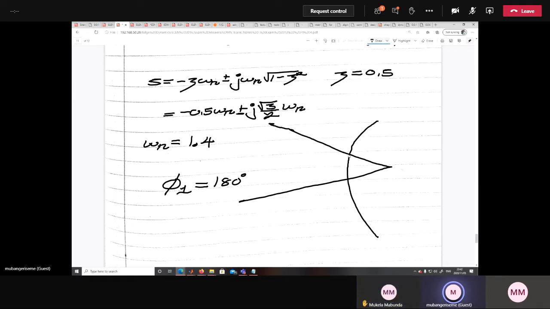No matter what value of omega you keep increasing, that angle will always remain 60 provided you've got the same ratio. In other words, are you sitting on this line? If you're sitting on this line, the angle is always going to be 60. That's why for whatever omega n value you put in, provided you have minus 0.5 and root 3 over 2, the angle is always going to be 60 because you're on that line.